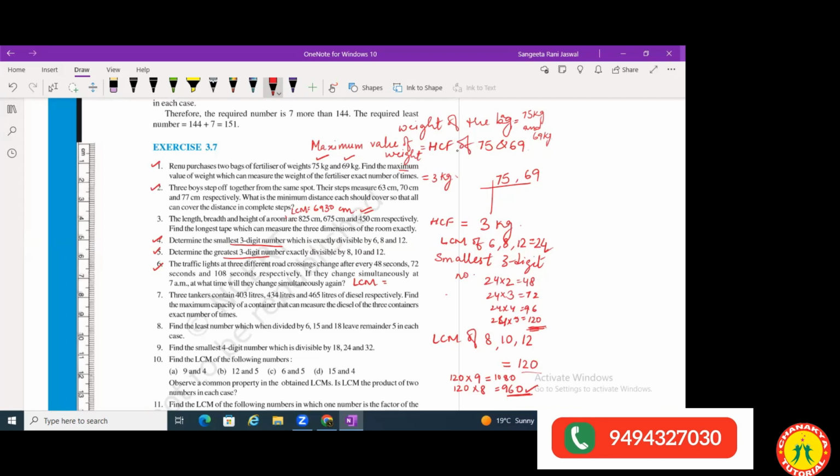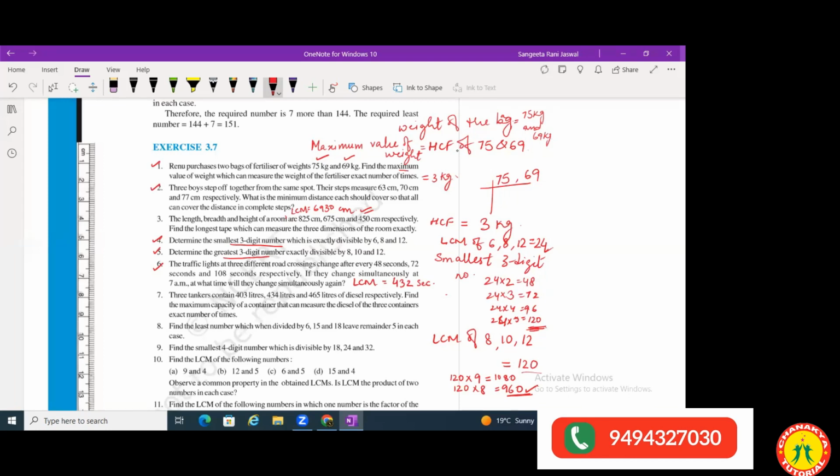Tell me the LCM, children. Ma'am, it's 432. Ma'am, it will change after 432 seconds simultaneously. Are you all getting the same LCM? Yes, others also? Are you getting the same answer? Yes, ma'am, I got 432.